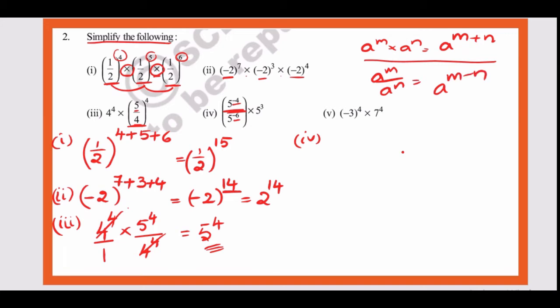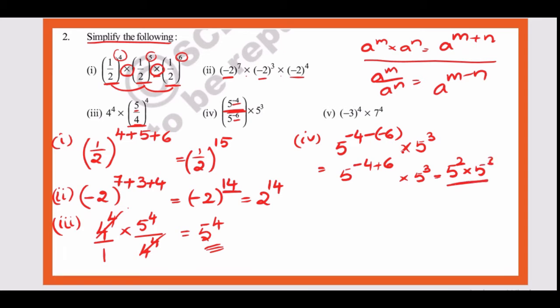So I can write it as 5 power minus 4 minus n, here minus 6, so minus of minus 6 into 5 power 3. So I can write this as 5 power minus 4 plus 6 into 5 power 3. Now 6 minus 4 is nothing but 2, so 5 power 2 into 5 power 3.